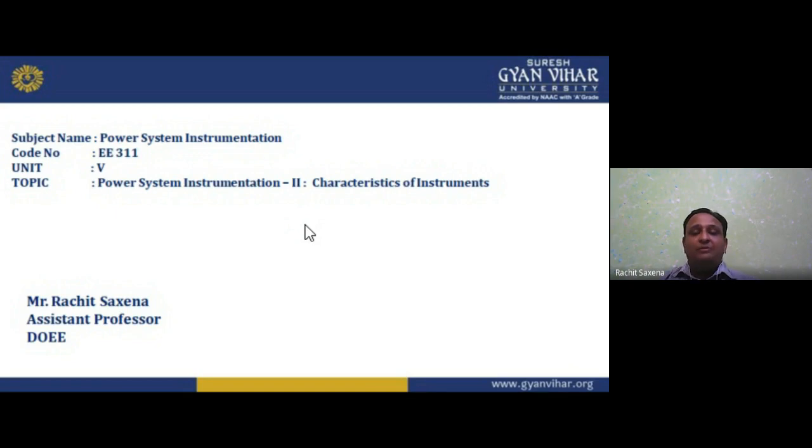Why is it known as op-amp? Because we can perform several mathematical operations like adder, subtractor, integrator, differentiator, logarithmic, anti-logarithmic, and voltage follower.